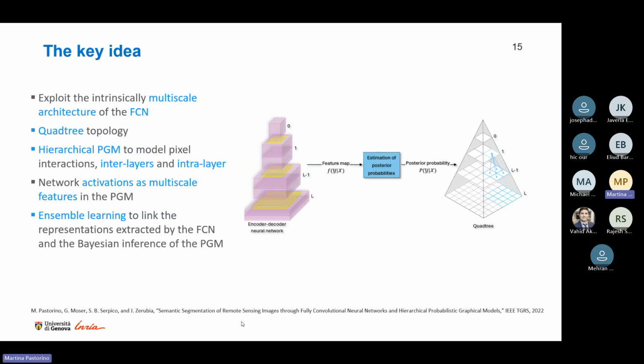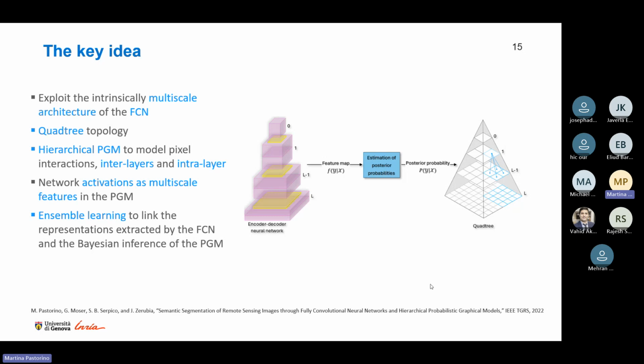This is the key idea of the methodology. We can exploit this intrinsically multiscale architecture of fully convolutional networks through a quad-tree topology. So we extract the activations at different layers of the neural network, which correspond to different resolutions, and then this naturally fits a quad-tree topology.